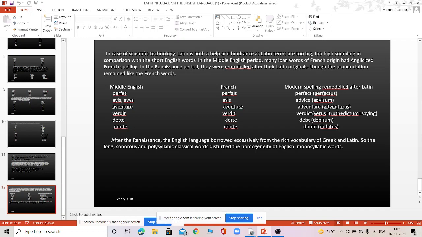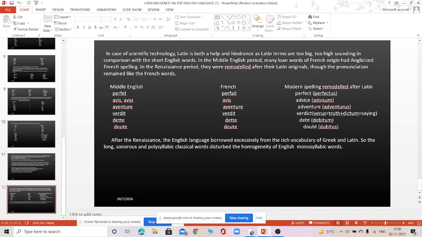যাই হোক, যেমন ধরো অ্যাভিস, এর দুটোর স্পেলিং ছিল মিডল ইংলিশ, অ্যাভিস ইন ফ্রেঞ্চ অলসো, অ্যাডভাইস, অ্যাডভিজুম ইন ল্যাটিন। সো অ্যাডভাইস, এখানে ডি-টা ঢুকেছে, this D comes in, the letter D, because of this Latin influence. অ্যাভেঞ্চার, same word, adventure, adventurous, so like that. Verdict, verdict again, verdict. So verus means truth, dictum, it means saying.